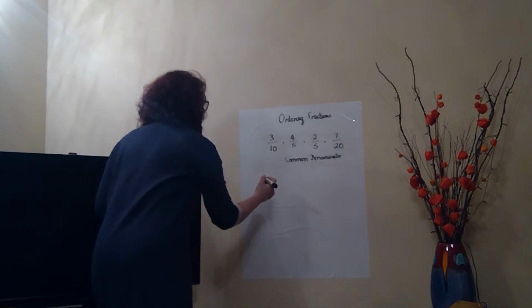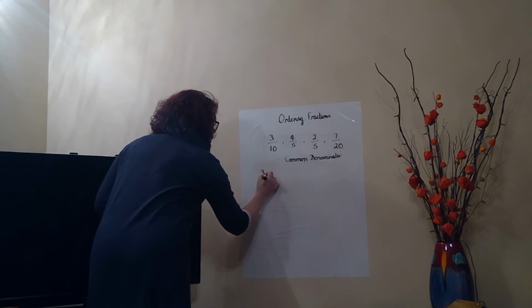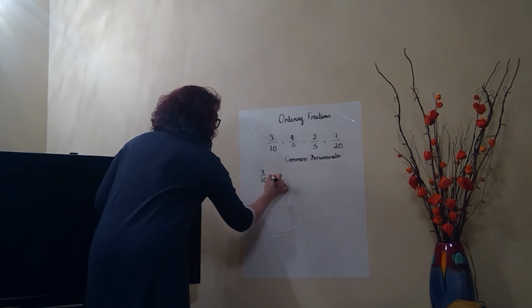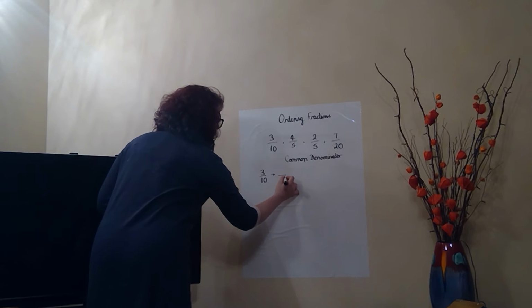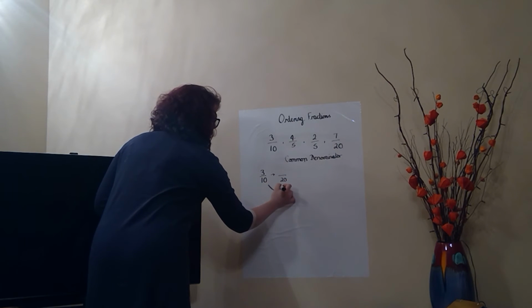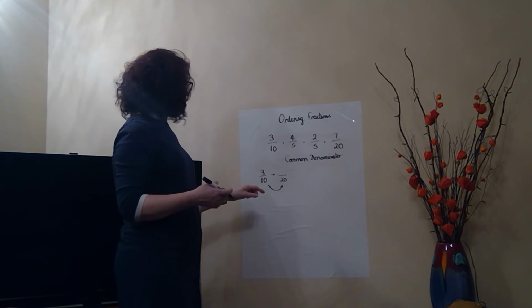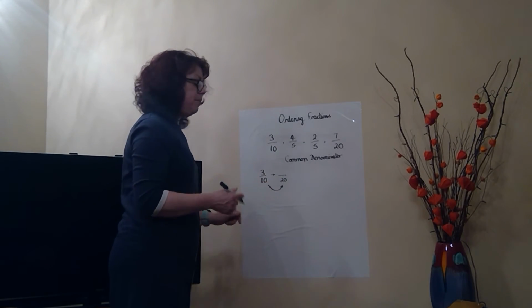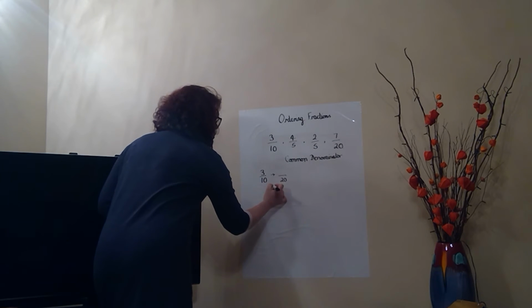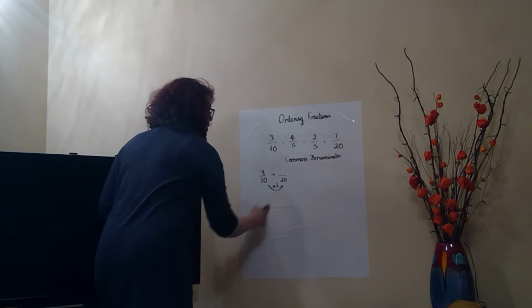So to do that, we're going to take our 3/10 first of all, and I want to change that into 20ths. Okay, so I'm going to use what you used yesterday for comparing your fractions, where I'm going to multiply my 10, and I'm going to change it into 20. I've got to multiply it by 2.